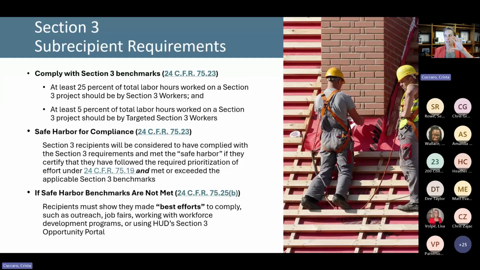These two things together represent that you have complied with Section 3, right? And HUD doesn't need to take a closer look at what you're doing. But if you have not met the safe harbor benchmarks, then you as a subrecipient are going to have to show best efforts to comply with Section 3, doing things to encourage participation by Section 3 workers, targeted Section 3 workers, and Section 3 business concerns.